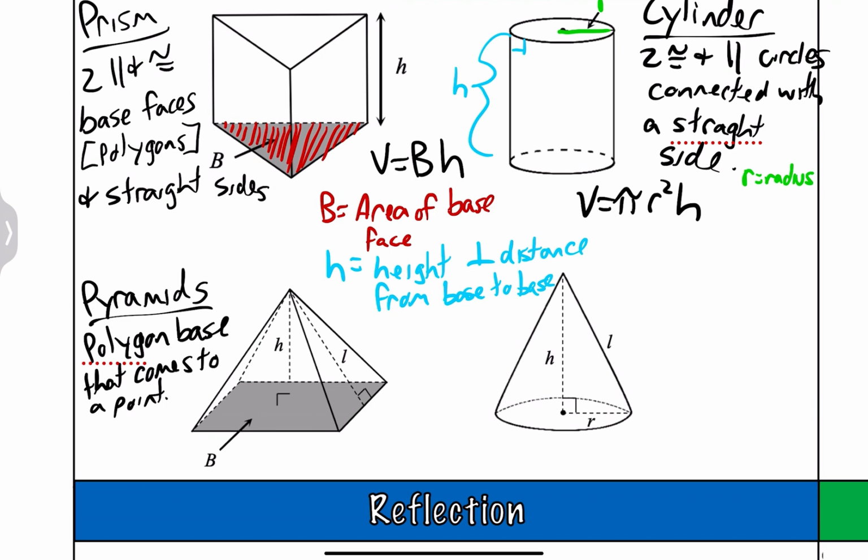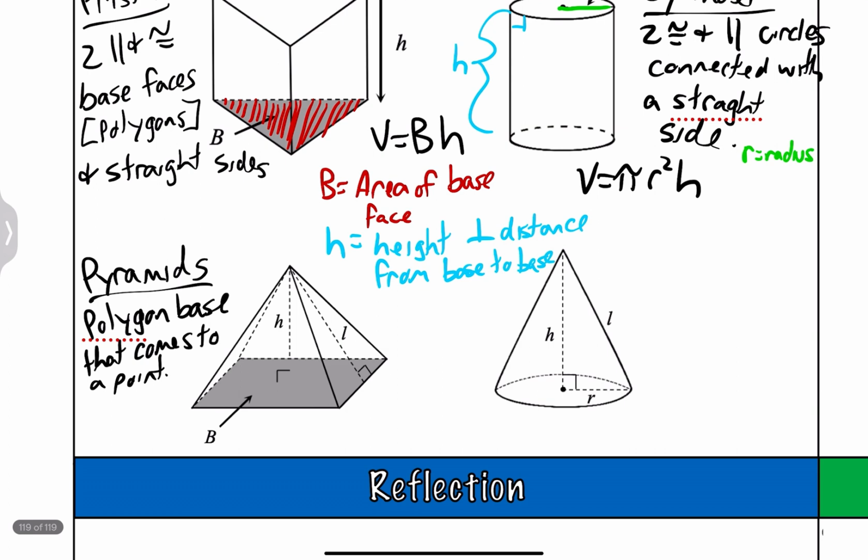The lateral sides are going to be triangles. Now this is where we're going to have to be a little bit careful. Similar to the prism, volume is going to equal the area of the base times the height times a third.